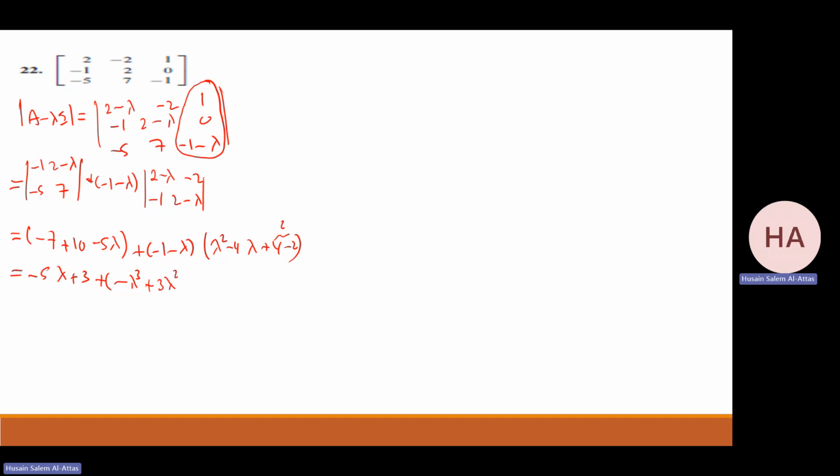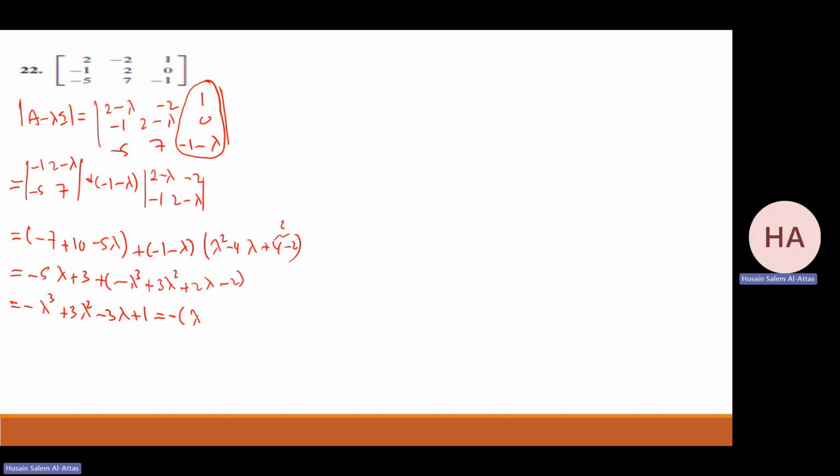Then I have what? Minus 2 lambda plus 4 lambda plus 2 lambda, minus 2. The last is 2 times minus 1. That will be minus 2. So what I have? Minus lambda cubed plus 3 lambda square minus 3 lambda plus 1.